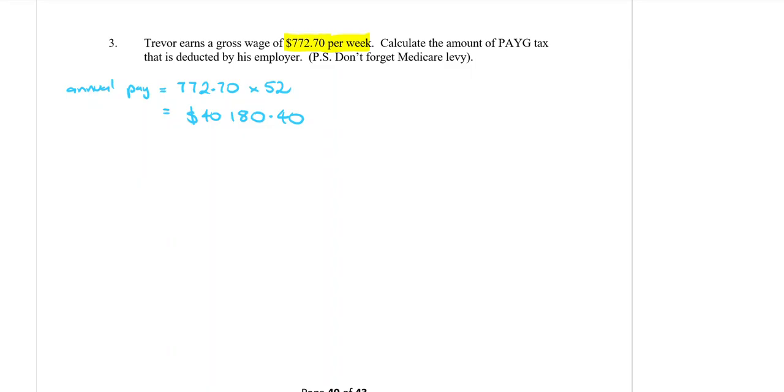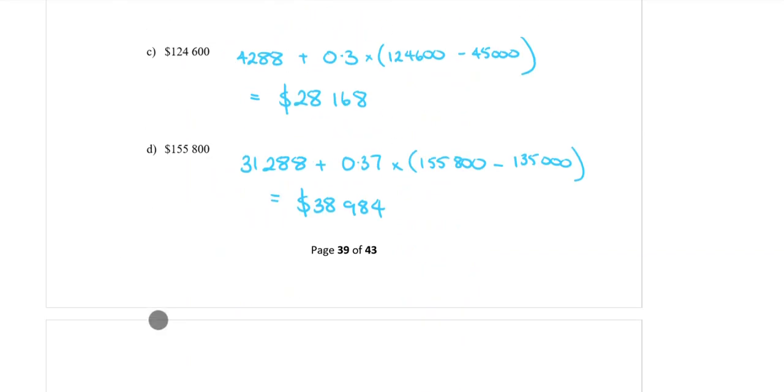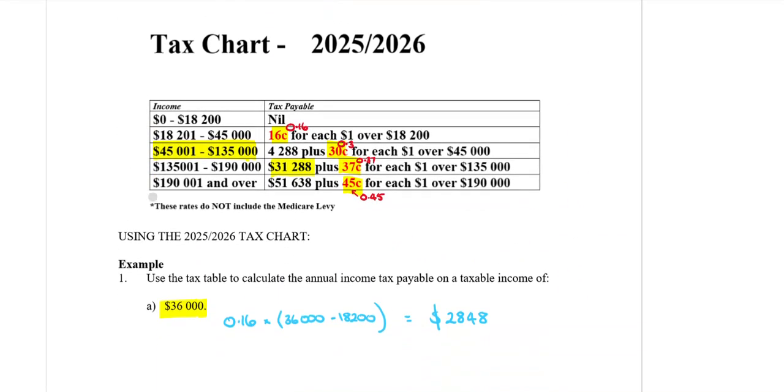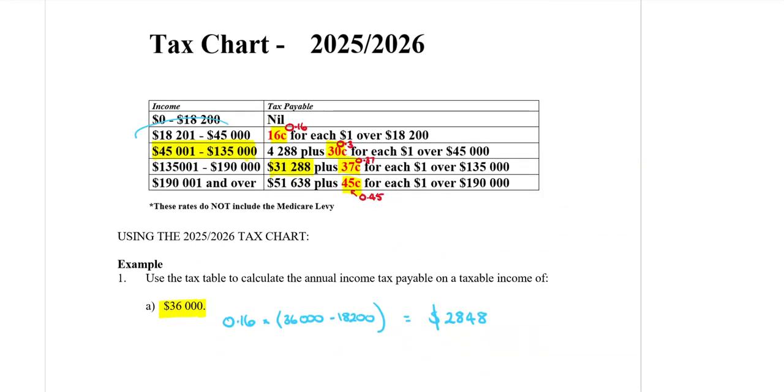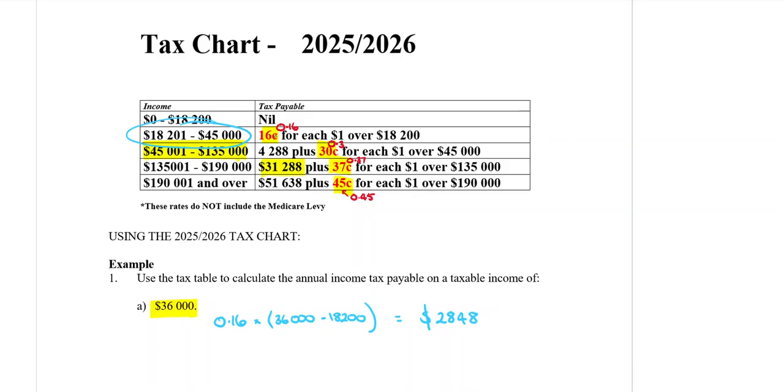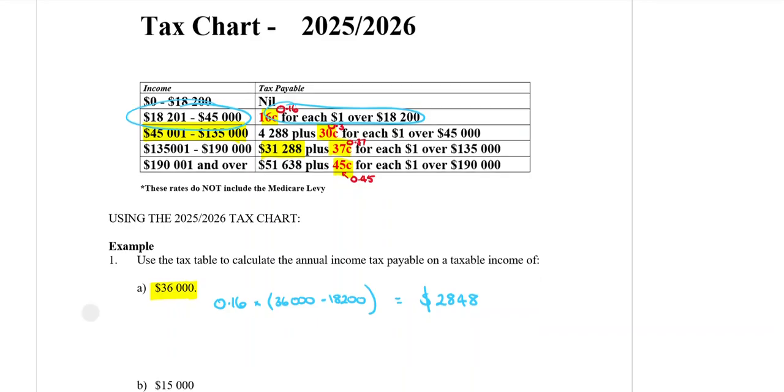And it says in there, don't forget the Medicare levy, so we want to do that one as well. So let's do our income tax first from our tax table. On a $40,000-ish income, where does that fit in our tax brackets? It's going to fit into this second one. It's going to be $0.16 for everything over 18,200.